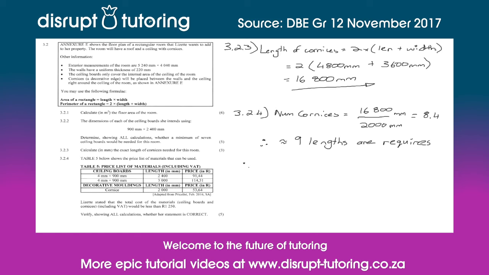So therefore our total cost will equal, as I said, remember we need 8 times the ceiling boards plus 9 times the cornices.